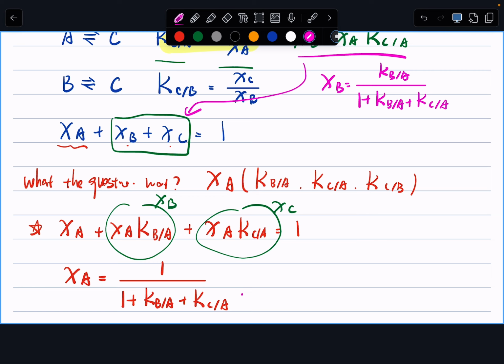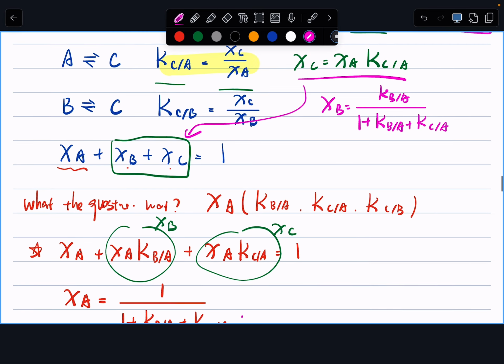All right. And likewise, we can express my chi C equals k CA divided by 1 plus k BA plus k CA.